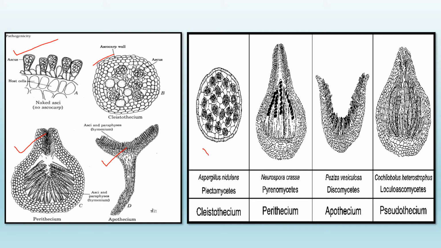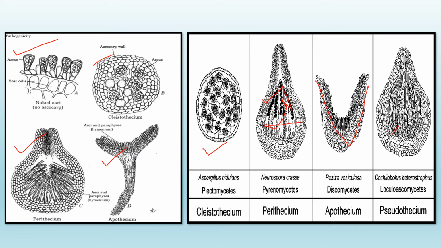Here we can see Cleistothecium, where asci are scattered throughout, and this is the Perithecium, where asci are arranged in a distinct layer known as hymenium. This is Apothecium, which looks like a cup or saucer, found in Pezizia. The last one is the Pseudothecium, a unilocular stroma having pseudoparaphysis.